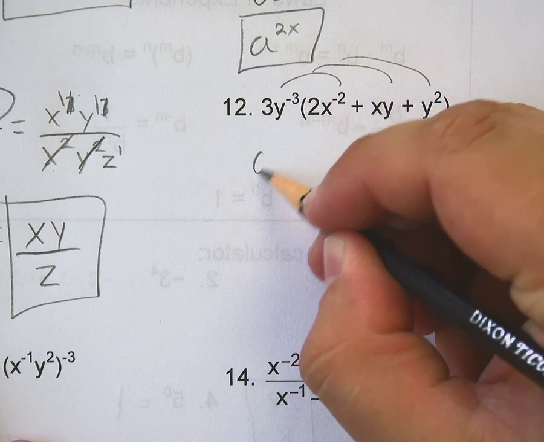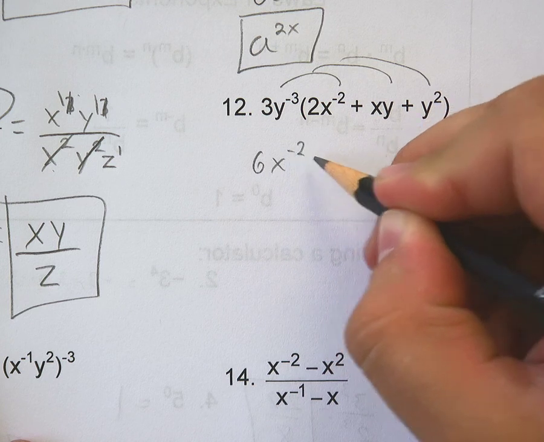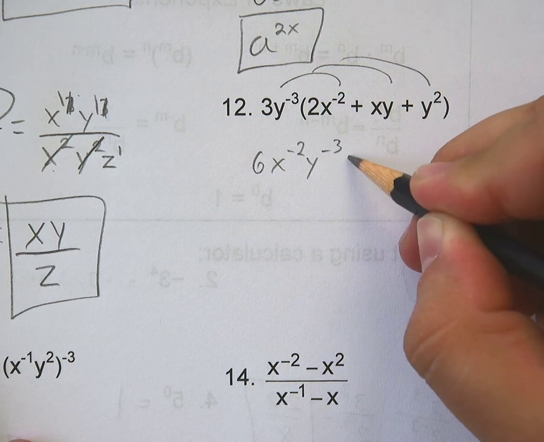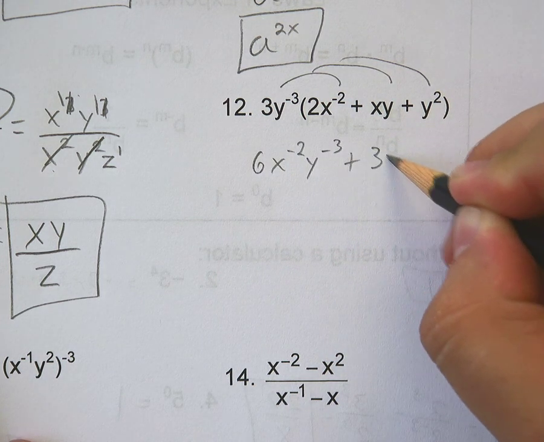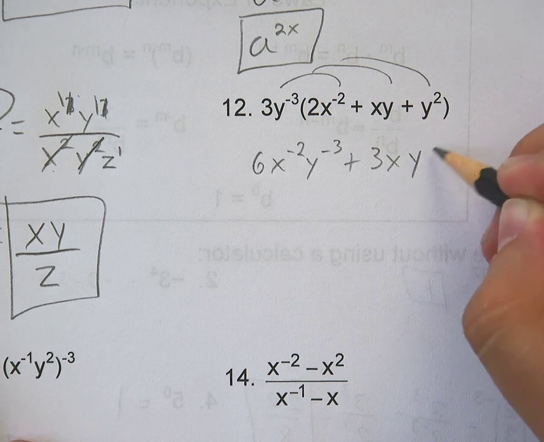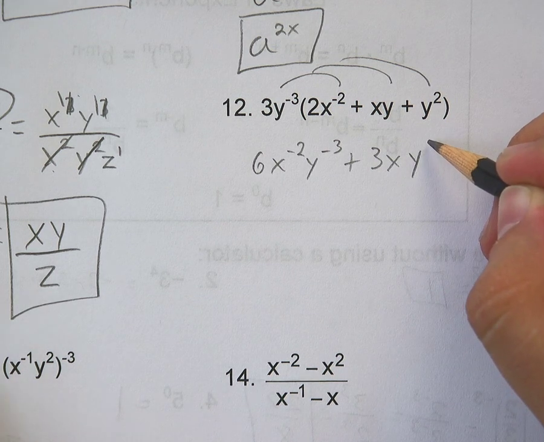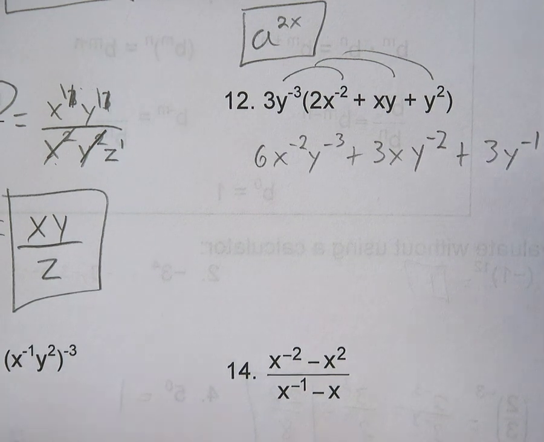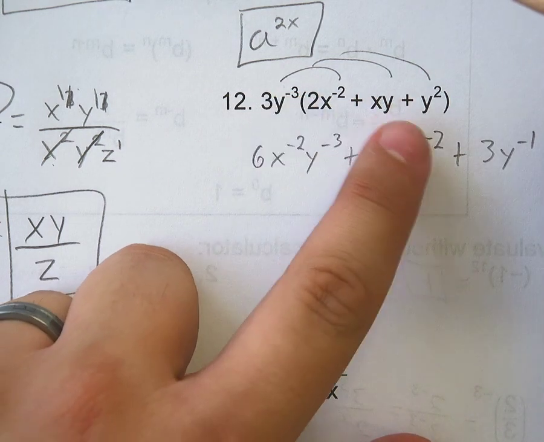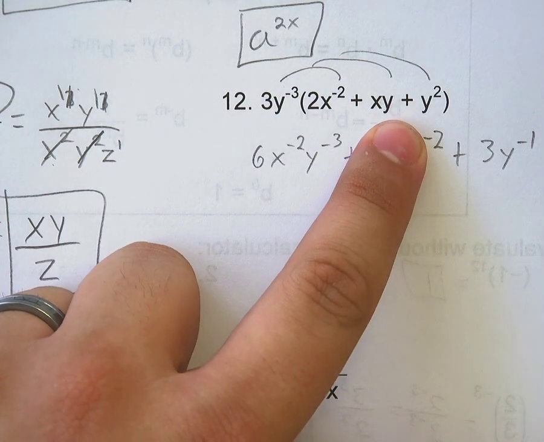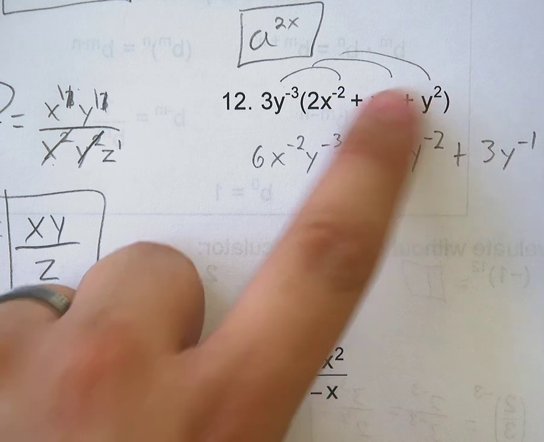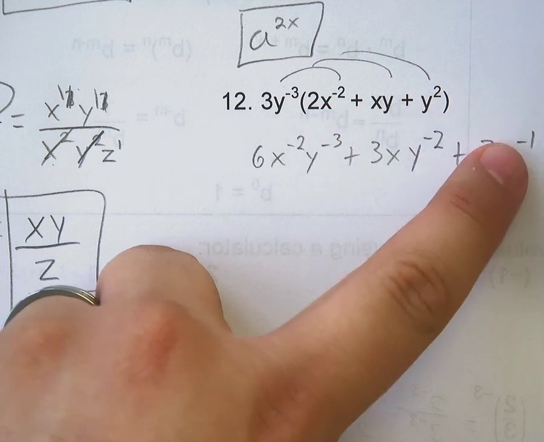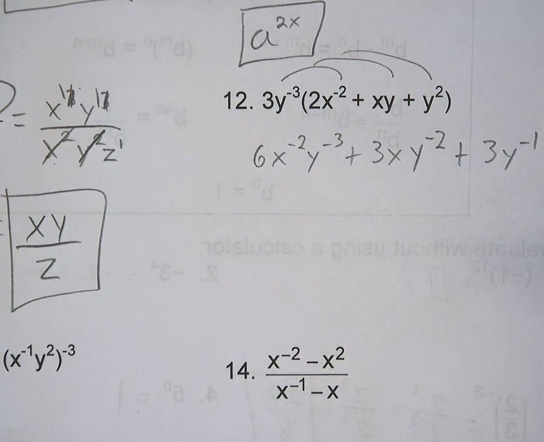I'll have 6x to the negative 2, y to the negative 3, plus 3x, y to the negative 2, plus 3y to the negative 1. And that's from saying y to the negative 3 times y to the positive 1. You add them, you get negative 2. Negative 3 plus 2, you add them, you get negative 1. And then come through and correct them.